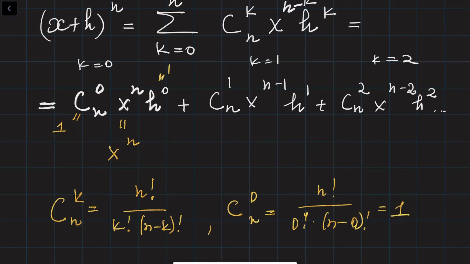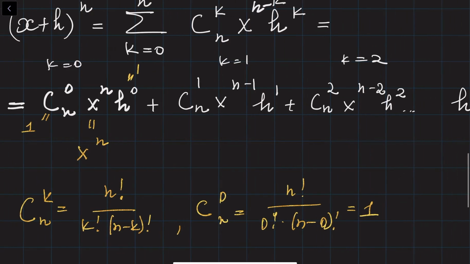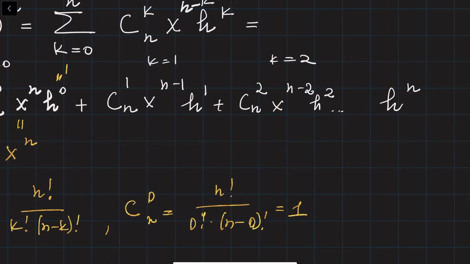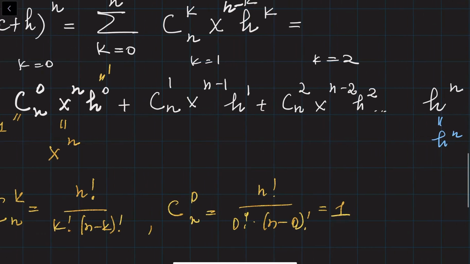This is also equal to 1, so the first term is x to the power of n and the last term is h to the power of n. We start from x to the power of n and finish with h to the power of n, and all the terms between have combinations of x and h.